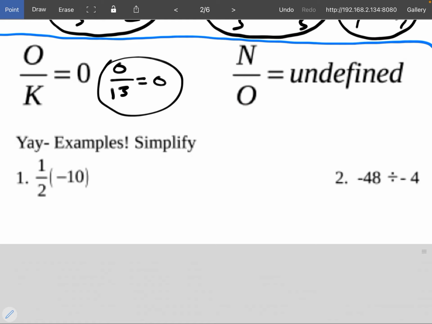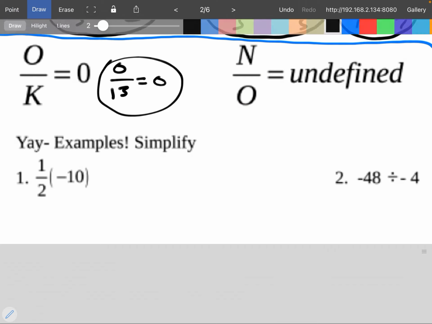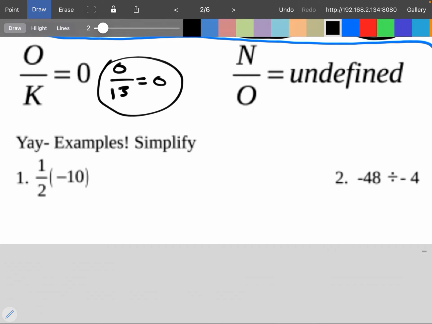So if you did like -7 divided by 0. Now, if you do that on your calculator, it's going to come up with some kind of an error message if you divide by 0. But you just got to remember that if the 0's on the bottom or if you're dividing by 0, then the answer would be undefined. Division by 0 is not defined.